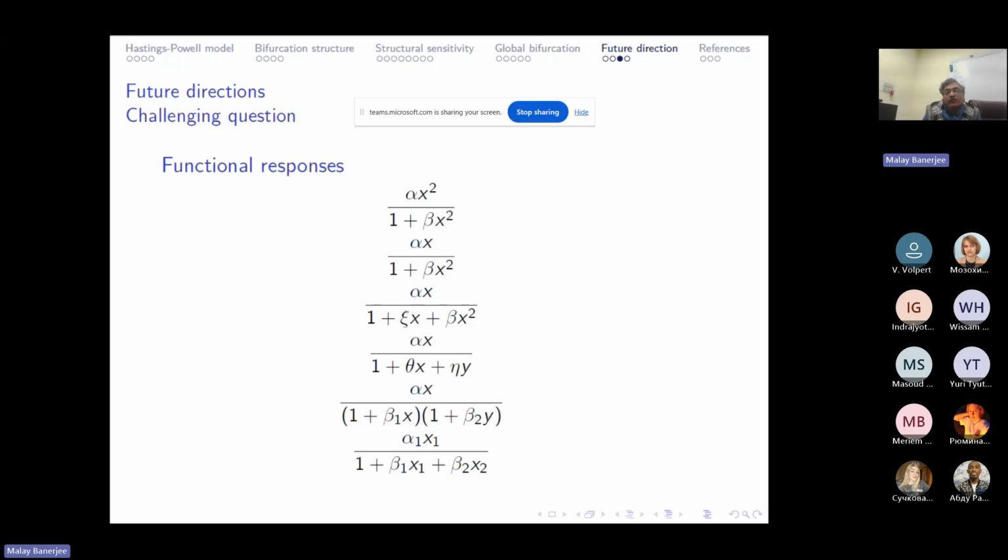But one group of researchers will raise the question, can you derive these functional responses mechanistically? Frankly speaking, I don't know how to answer those questions.